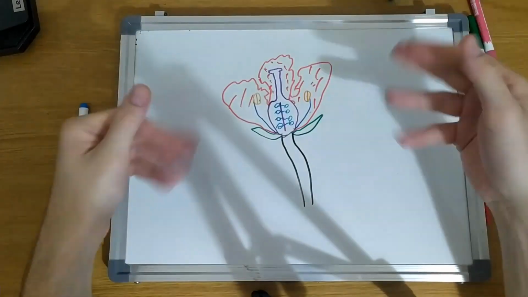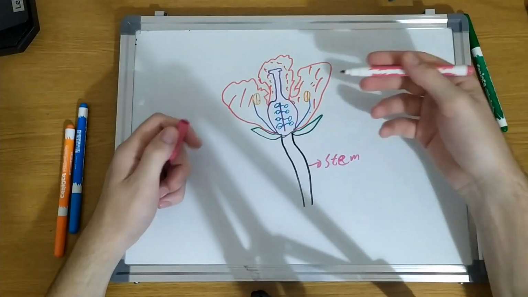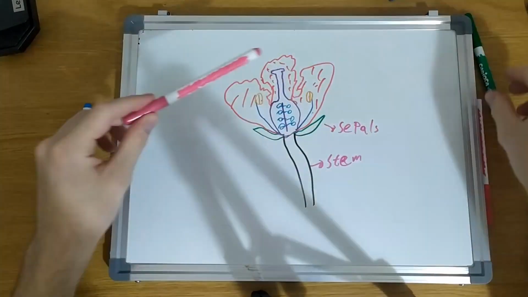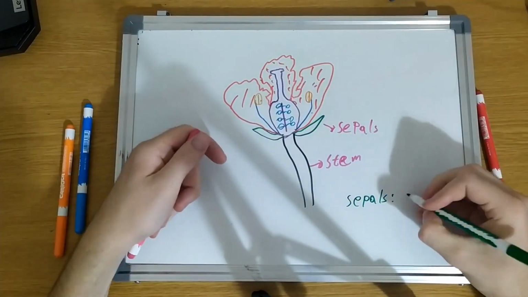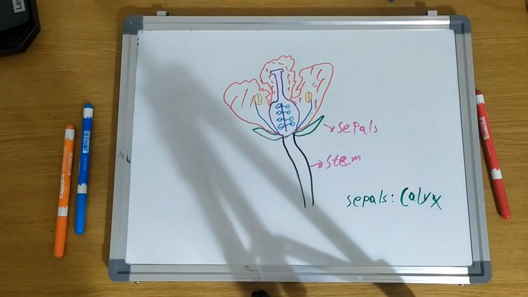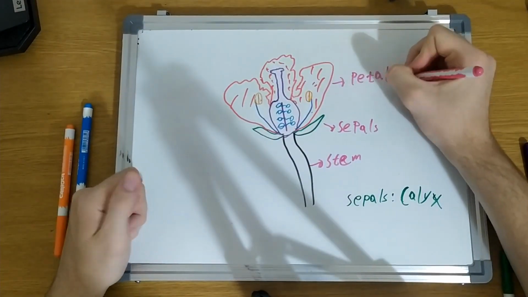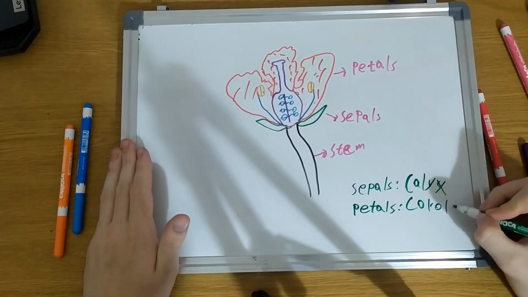So now that we've drawn our flower, let's start naming its different parts. The flower consists of four different parts that are all connected to the plant by the stem. So the first part is the calyx, on which grow the sepals. The second part is the corolla, on which grow the petals.